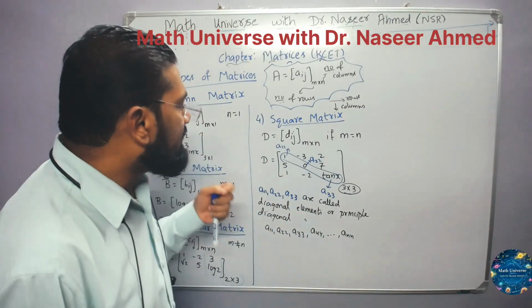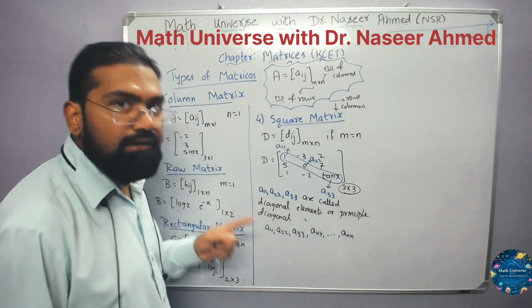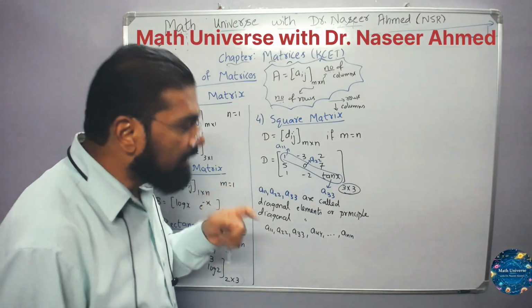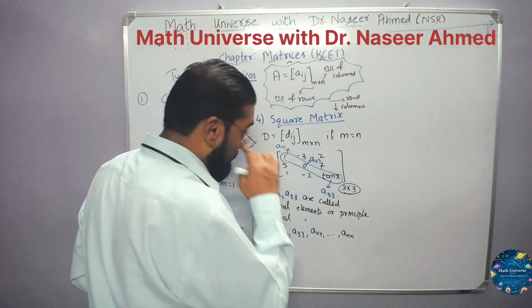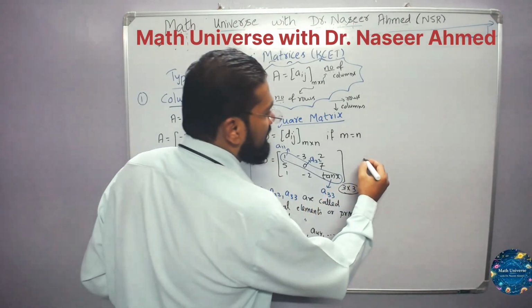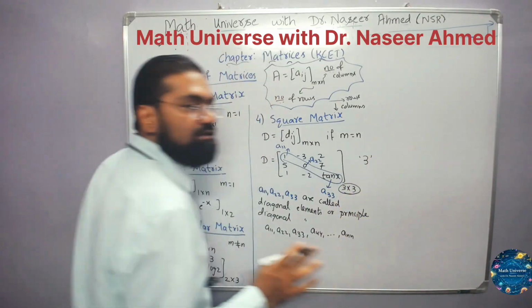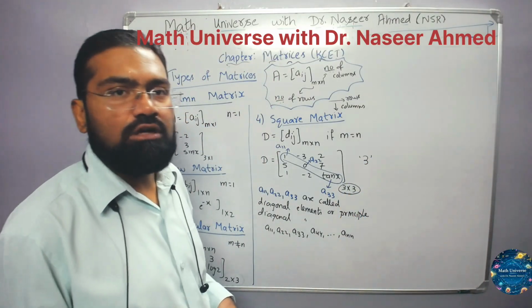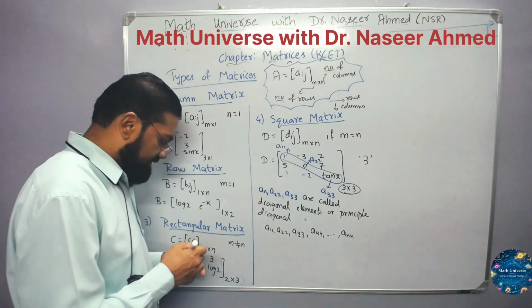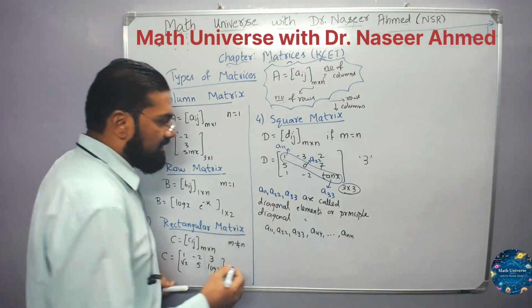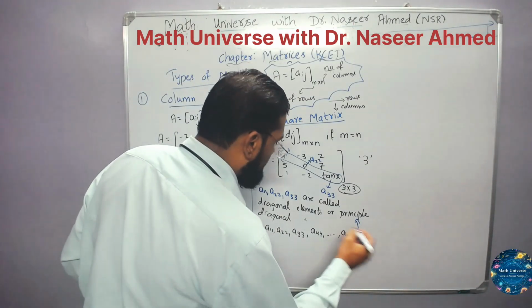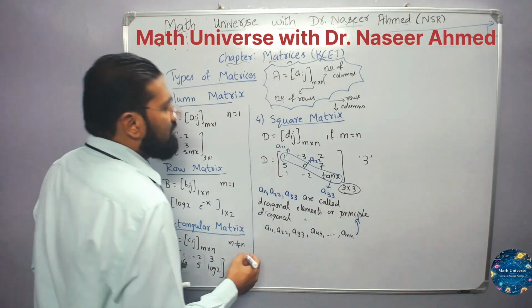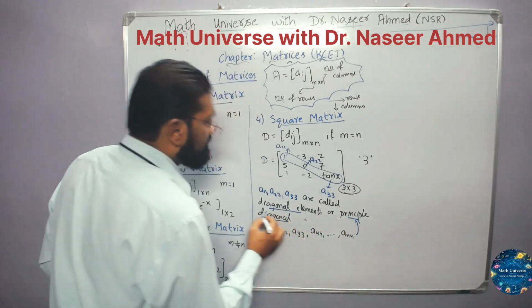We just say it is a square matrix of order n if it is n cross n. So now here D is a square matrix of order 3. Since I have used the word square matrix, we know from the definition that the number of rows and columns should be the same. Next comes the principal diagonal elements or diagonal elements. Okay, these two. Now moving on to the next.